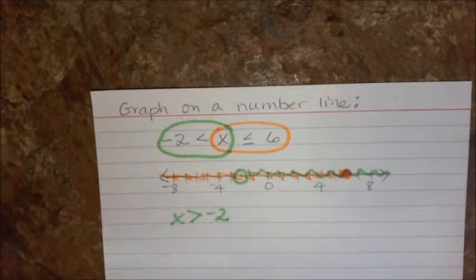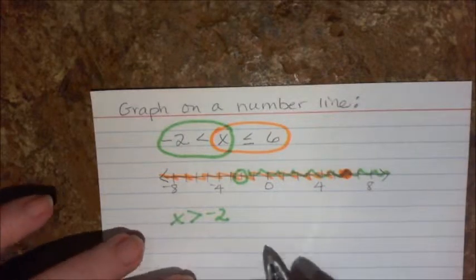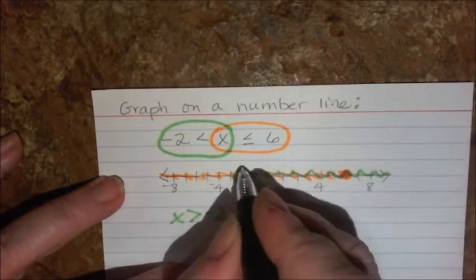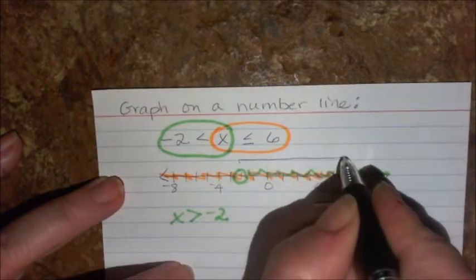Now for the 3-part inequality, we have some shading in orange, some shading in green, and we only take the overlapping shading. So the overlapping shading would be this portion of the number line right here.